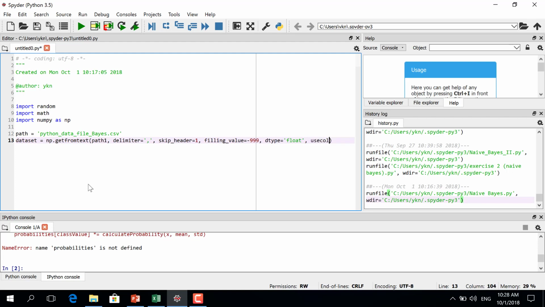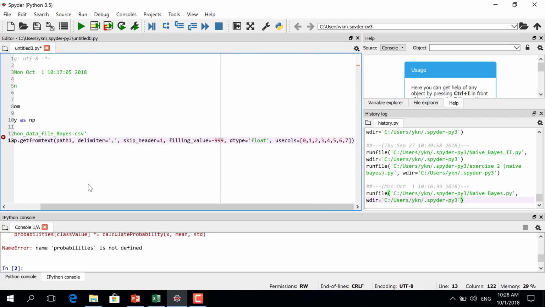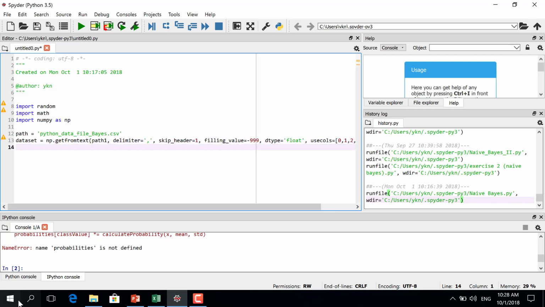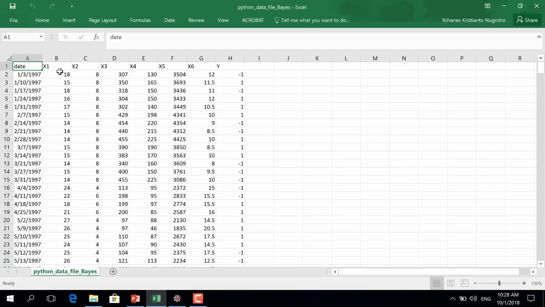And the use columns is equal to... we have 8 columns here, 1 2 3 4 5 6 7.